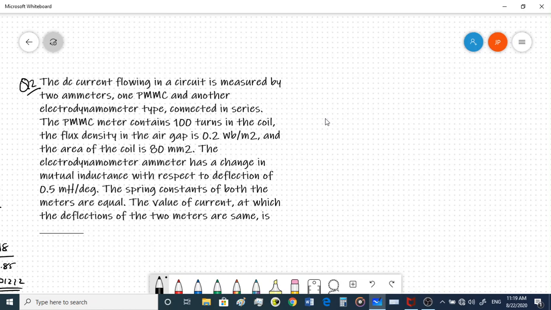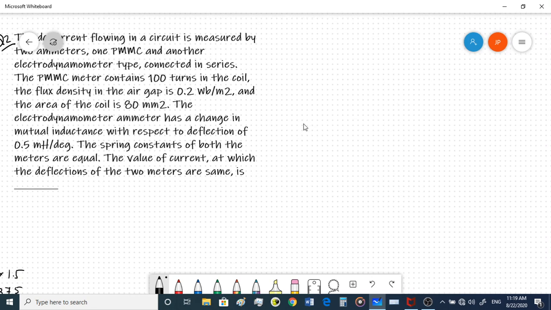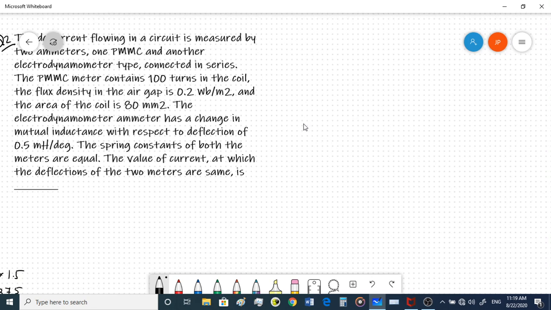The PMMC meter contains 100 turns in the coil. The flux density in the air gap is 0.2 webers per meter square, and the area of the coil is 80 millimeter square. The electrodynamometer type ammeter has a change in mutual inductance with respect to deflection of 0.5 millihenry per degree. The spring constants of both the meters are equal. The value of current at which the deflections of the two meters are the same is.